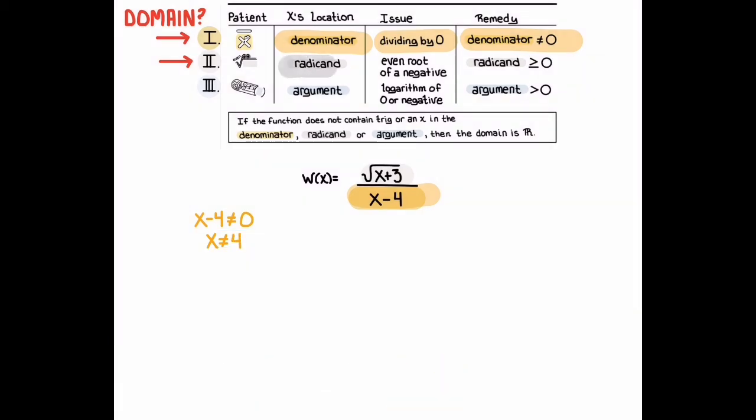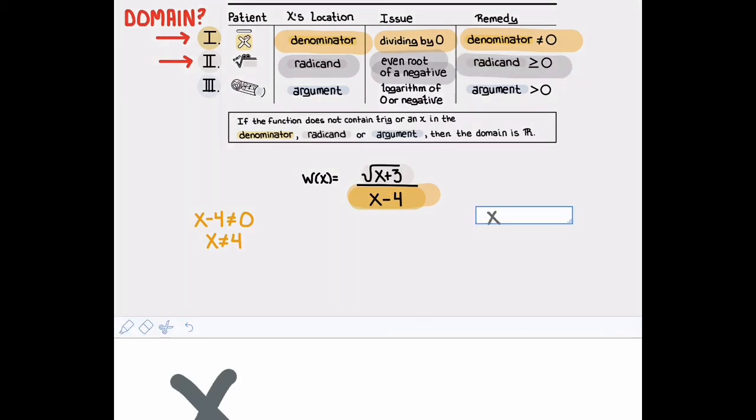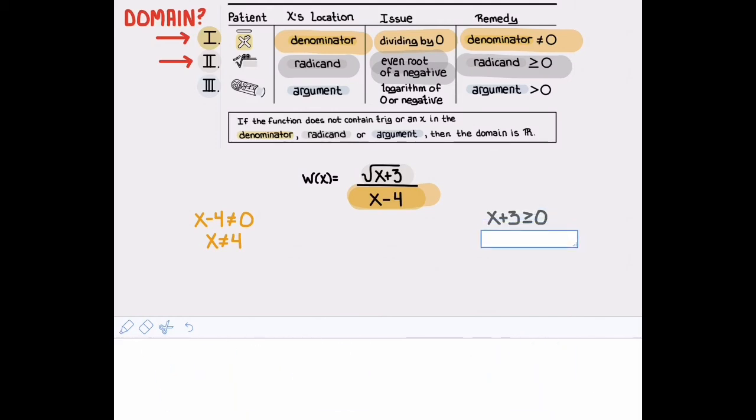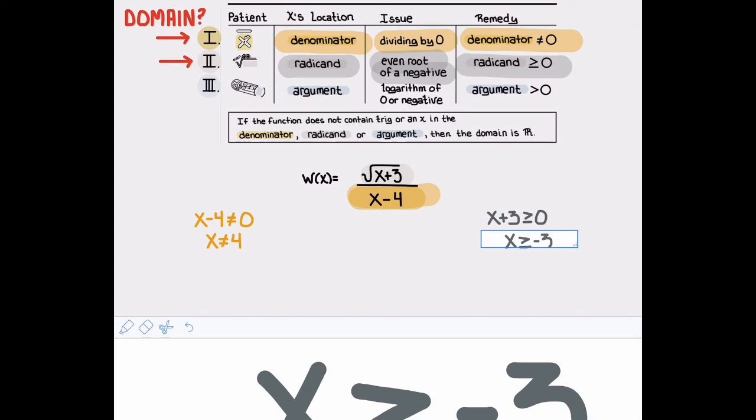Next, we want to take care of the other domain issue, which is there is an x underneath an even root. So we're going to set the radicand, that's what's underneath the root, x plus 3, greater than or equal to 0, and these are numbers that we can use. Solving this inequality by subtracting 3 from both sides, we get x is greater than or equal to negative 3.